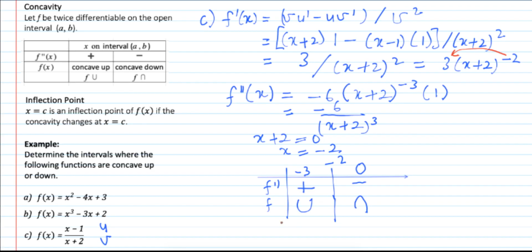Even though you have a change in concavity at x equal to minus 2, x equal to minus 2 is not an inflection point because the function itself does not exist when x equal to minus 2.